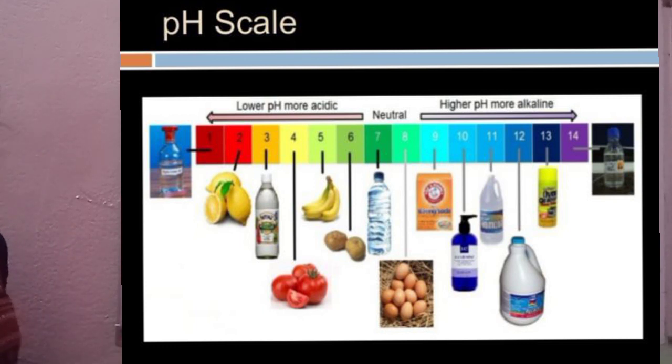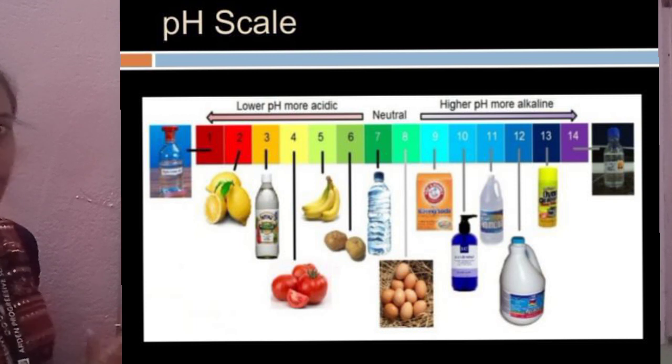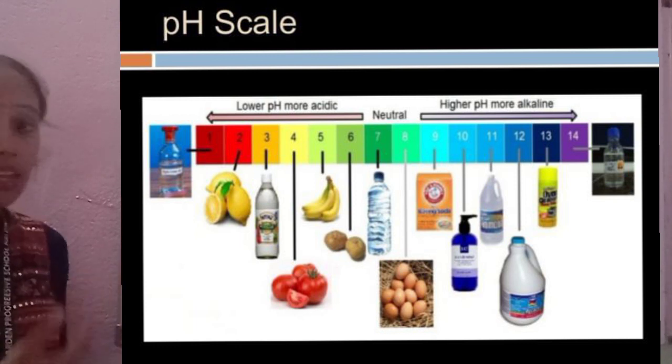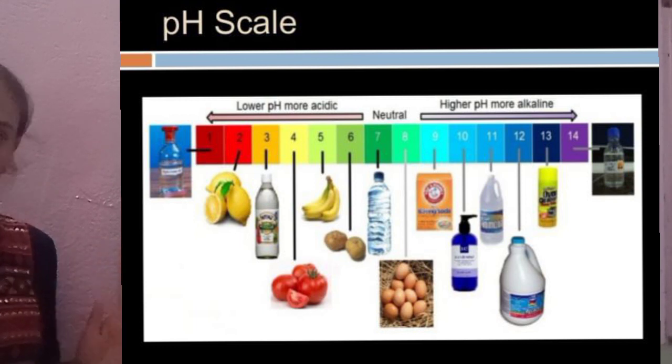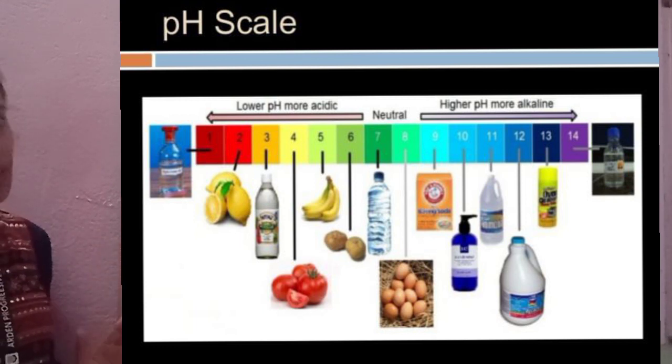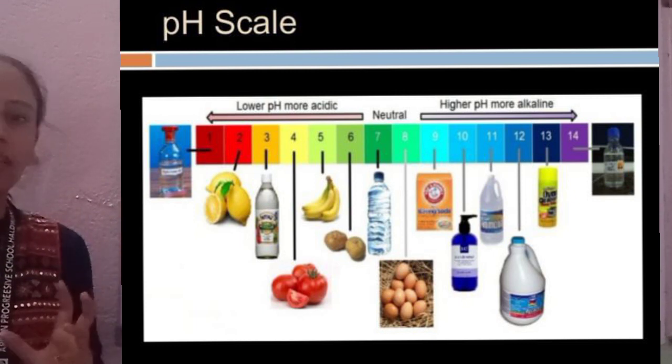Strong acids are present at the front of the scale, that is 0, 1, 2. The acids present at pH 1 are strong acids, and those present at 6 are weak acids. Clear? In the same way, the weak bases are present at 7.1, 8, 9, and the strong bases are present at 13, 14 pH.